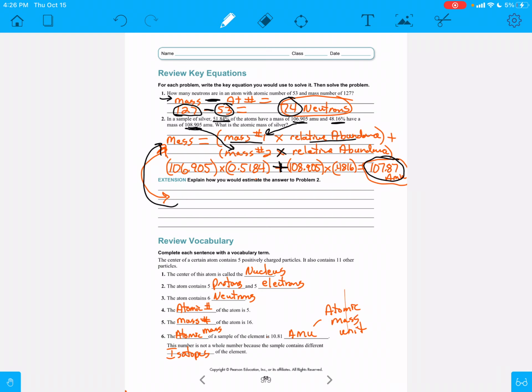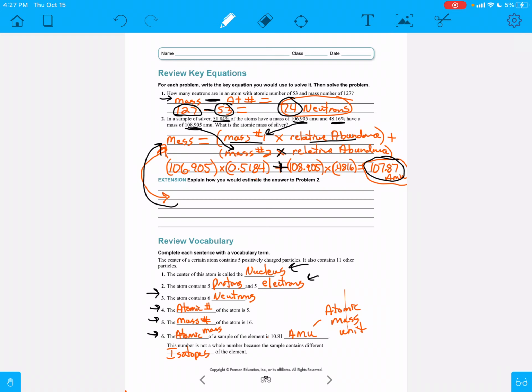So there's that. And then let's see, the next one down, the center of this atom is called the nucleus. The atom contains 5 protons and 5 electrons, yes. The atom also contains 6 neutrons. The atomic number of the atom is 5, yeah. The mass number is 16.